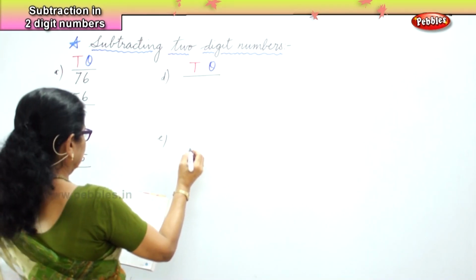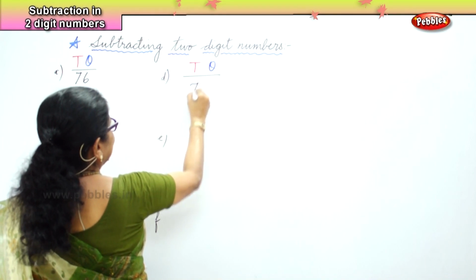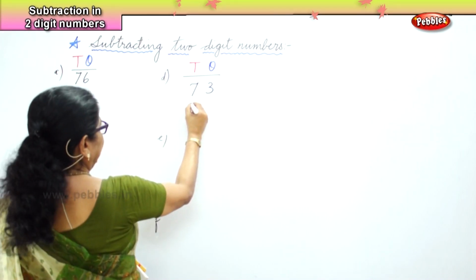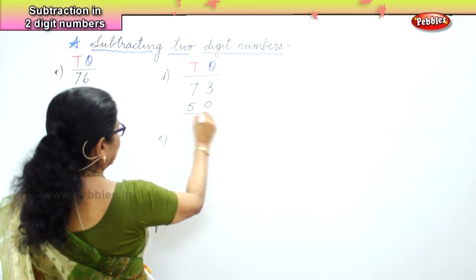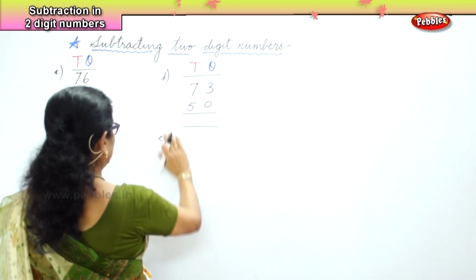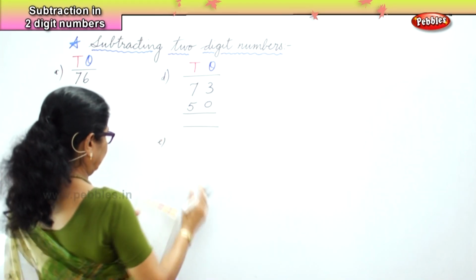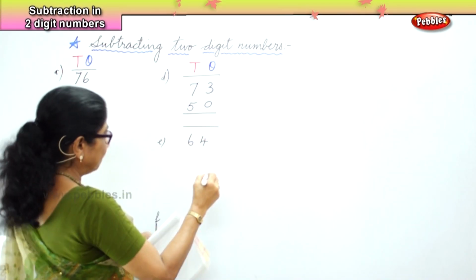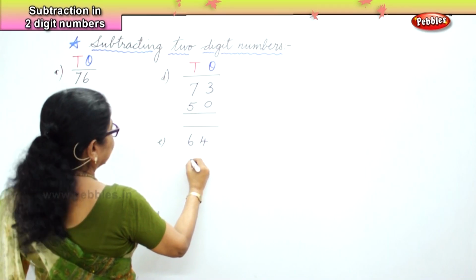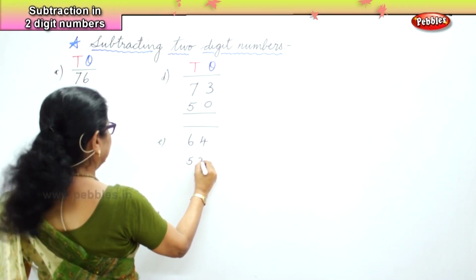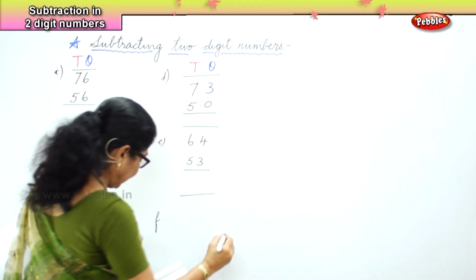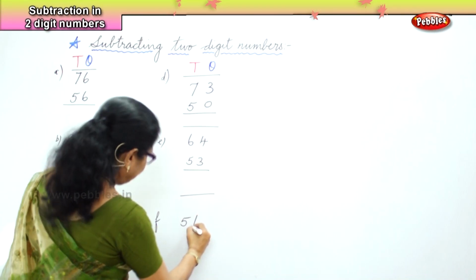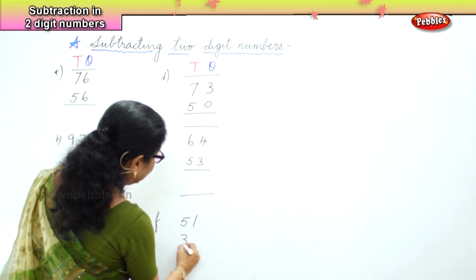Now, 73 minus 50, right? 64 minus 53. Finally, 51 minus 30.